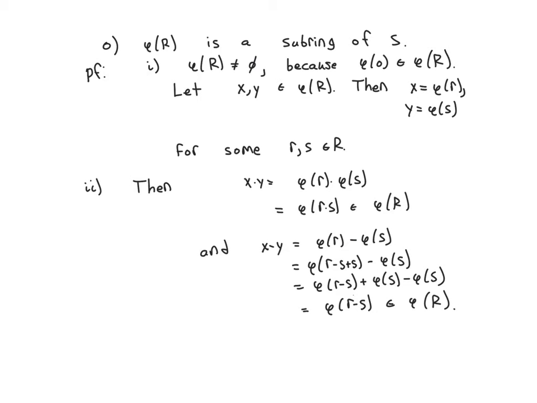I can't do that with subtraction, unfortunately, but what I can do is introduce a minus s plus s in the first term so that I can apply the additive ring homomorphism to get plus phi of s here, so I can cancel out the phi of s's. So that's what I do.